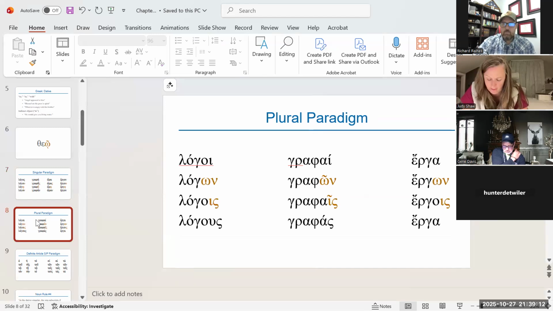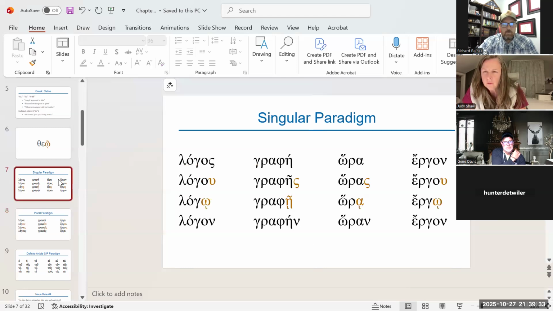How did we get the feminine on that one? It's neuter, feminine, and masculine across there, so you need to look down. This first column is the masculine. This second column is feminine.